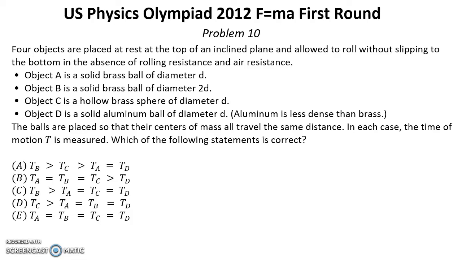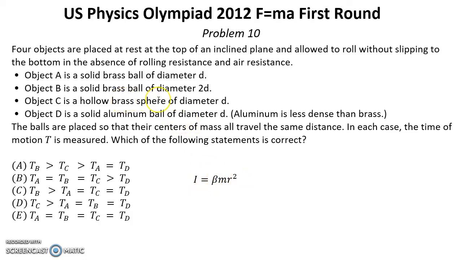Solution. Here we need to take into account the expression for the moment of inertia for each object. The moment of inertia for any round object we can express in the form I equal beta mr², where beta is a coefficient.